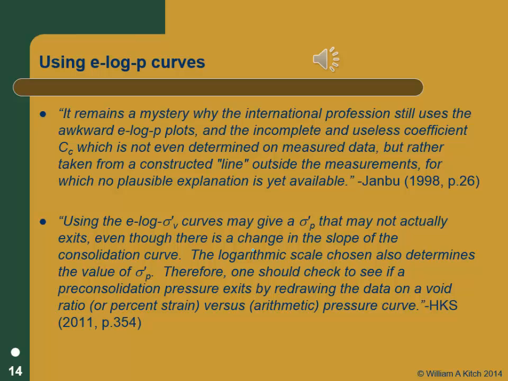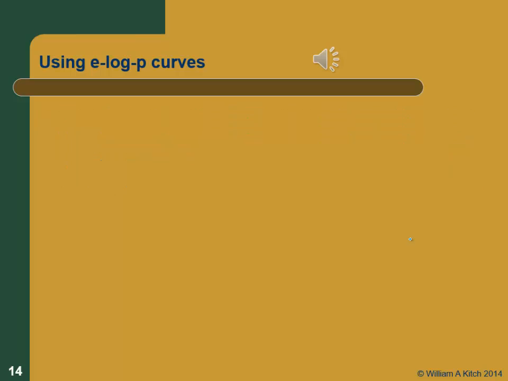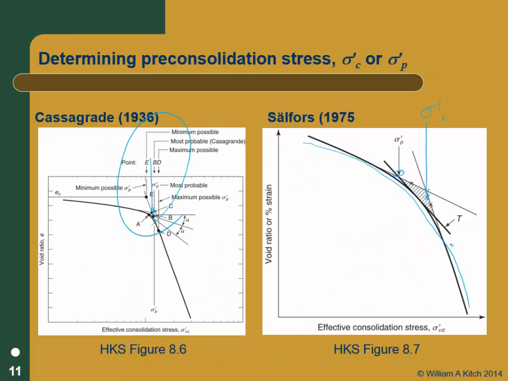When you look at E log P data, before you do a lot with it, make sure that you plot in arithmetic space, get a pretty good idea of the best way to approach your settlement calculations, whether it's to use the E log P. There's nothing wrong with using the E log P method if it properly represents what you're planning to do. And don't assume that there's any significance whatsoever to sigma prime P. There may be a physical significance to it, there may not. The only thing you know for sure is that it's the place where these two lines intersect.